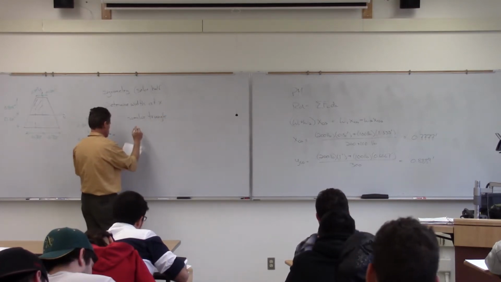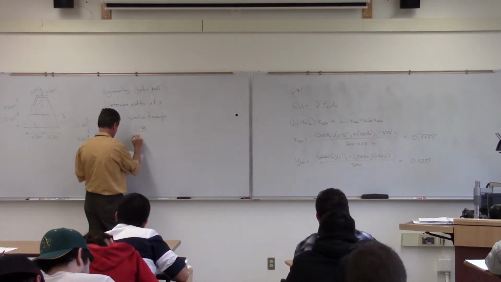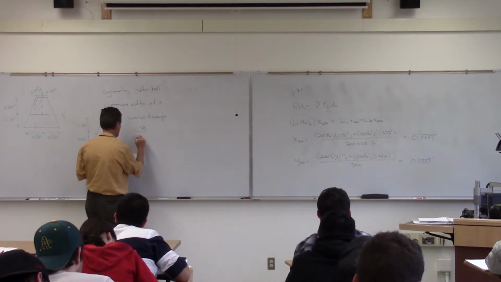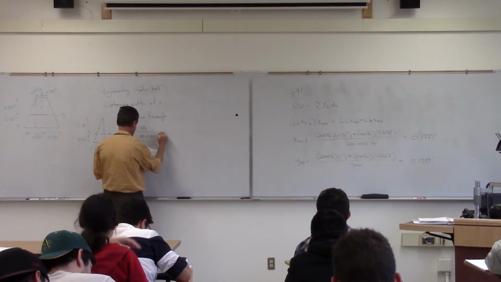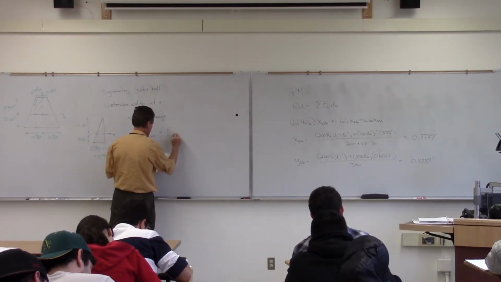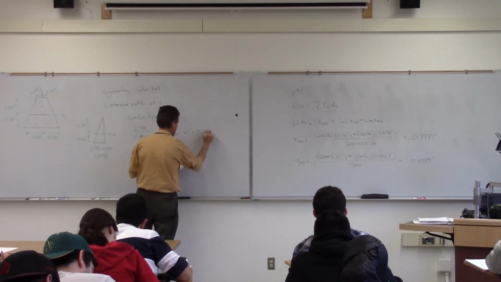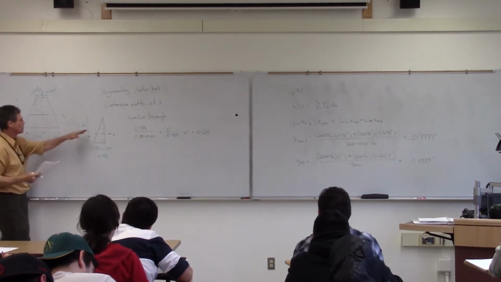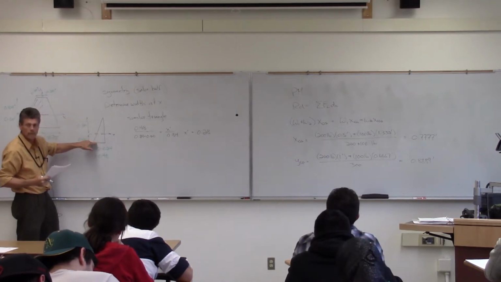So via similar triangles, what we'll find is we have 48, which is the total triangle there.